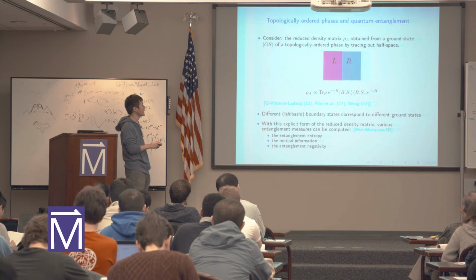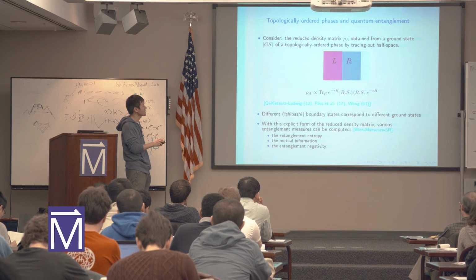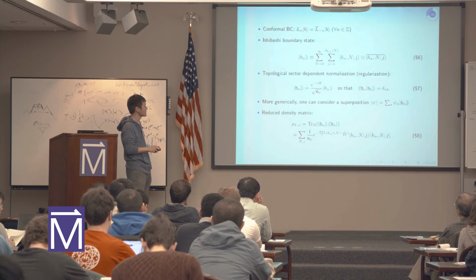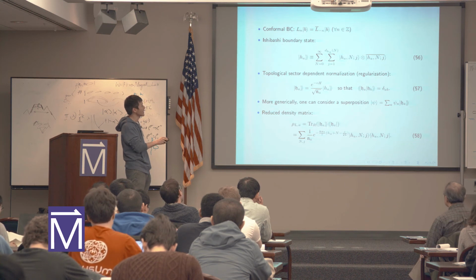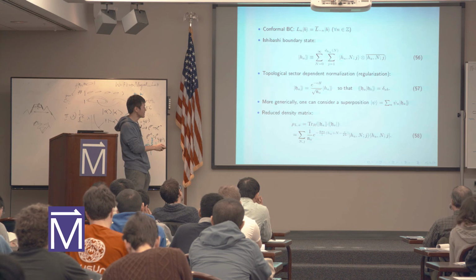When we trace out R, we trace out the half of the system living near this region R. So that is here. We trace out the anti-holomorphic part, and that can be done.